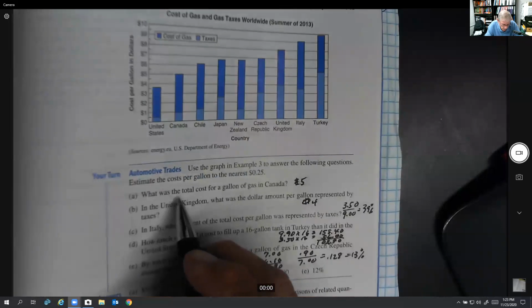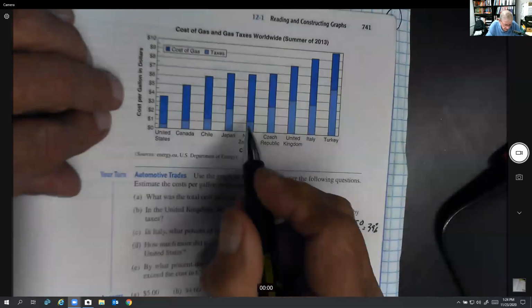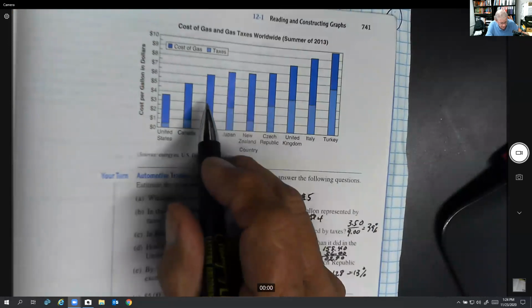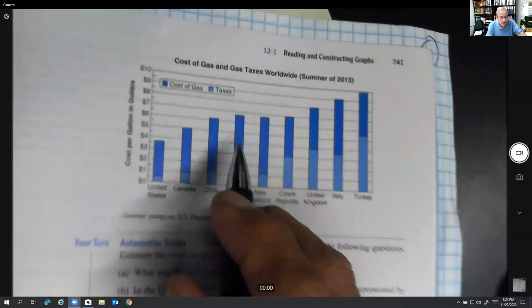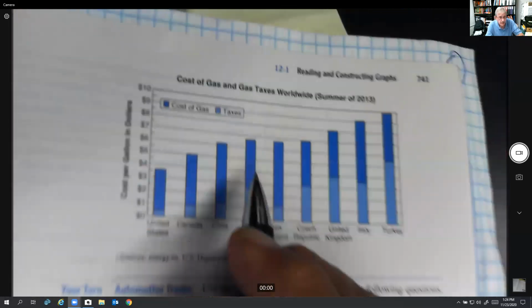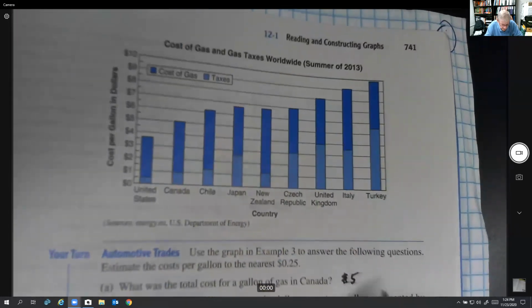So it says, what was the total cost for a gallon of gas in Canada? If you look at your chart here, Canada, fortunately, came out exactly at $5. So that one wasn't too hard to interpret. I'll put it a little bit bigger so you can see. So the answer was $5.